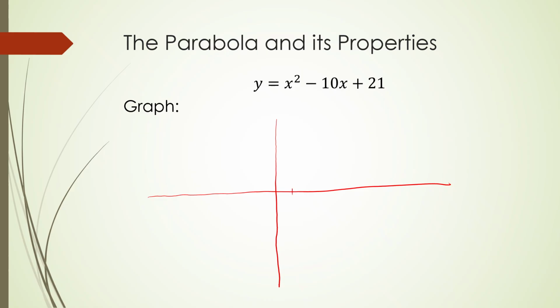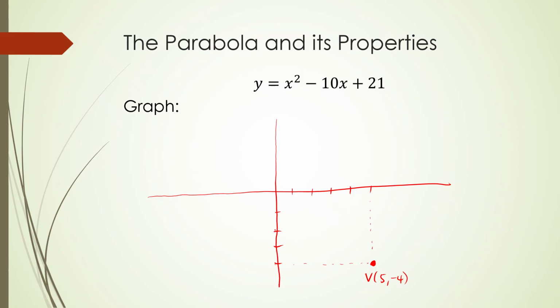So 1, 2, 3, 4, 5. And the other one, 1, 2, 3, 4. So 5 and negative 4, just like this. So locate this one. This is the vertex with 5 and negative 4 as your coordinates.